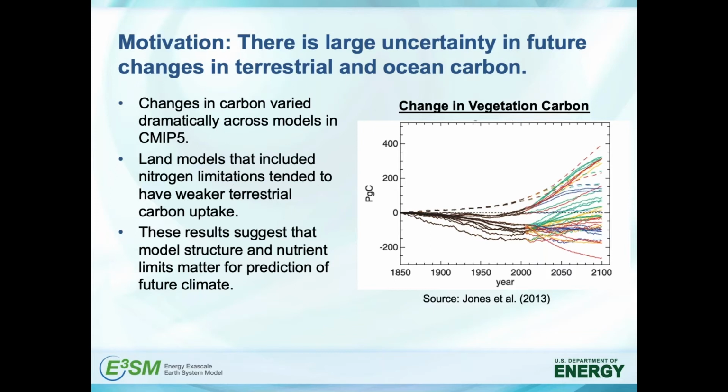And you can't really see it in this figure, but it also turned out that the land models that included representation of nutrient limitations, especially nitrogen limitation, tended to have a weaker terrestrial carbon uptake than those that didn't include those representations. And this suggests that model structure and nutrient limits matter for the prediction of future climate. And so this is the topic that we focus on in our V1 simulations.